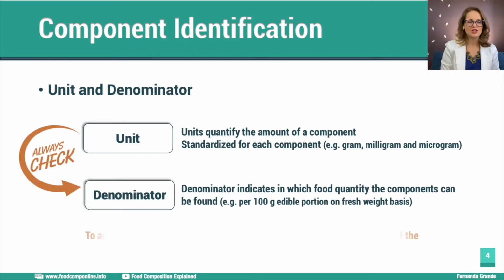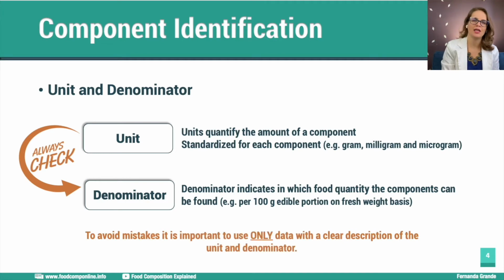So we always need to check units and denominators to be sure that we are not introducing mistakes in our estimations, and it's important that both unit and denominators are clear in food composition tables. They should be part of a good documentation of the data.